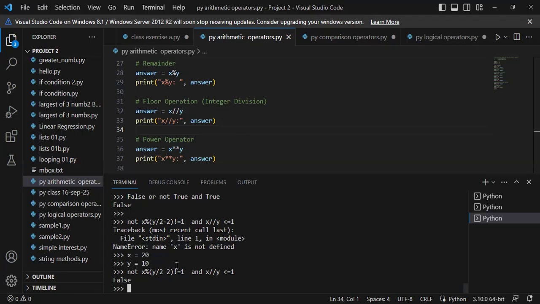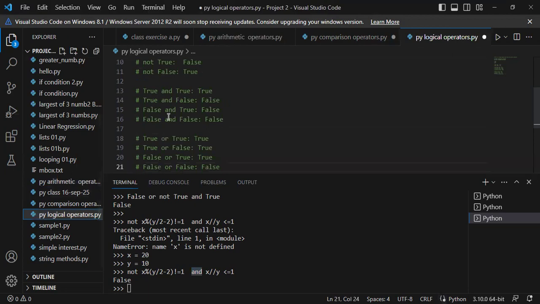Why? Like I was explaining, this is already false because I'm starting from this side, which is simpler. If one of these two is false, then the answer must be false, because we've already seen that for the AND operation, whenever there's any false in it at all, the answer is always false.